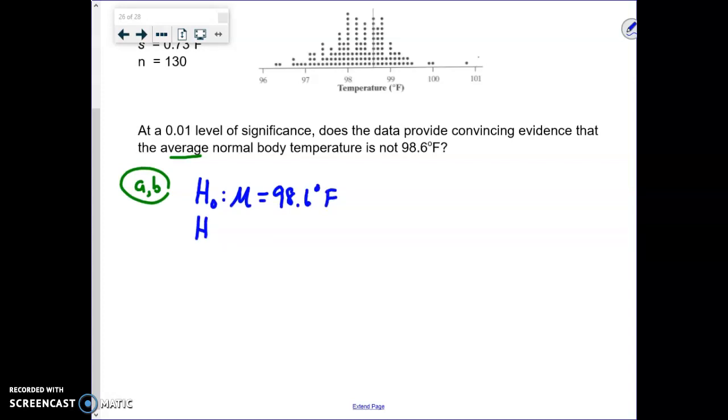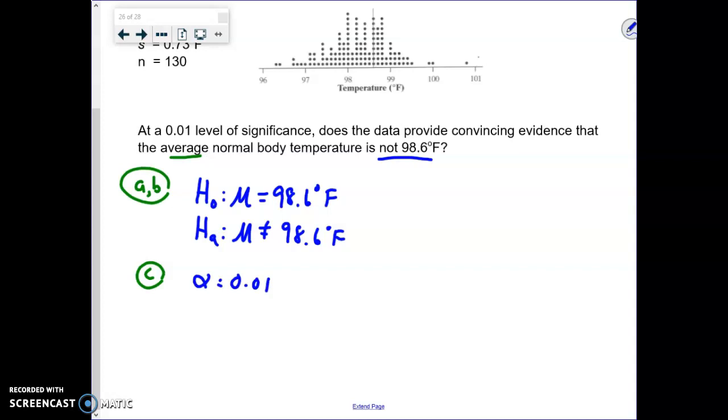Since they're saying that it's not 98.6, we could test whether it's lower or higher than that. So our alternative is that the mean is not equal to 98.6 degrees Fahrenheit. And for part C, our alpha was given at a 0.01 level of significance. So alpha is 0.01.